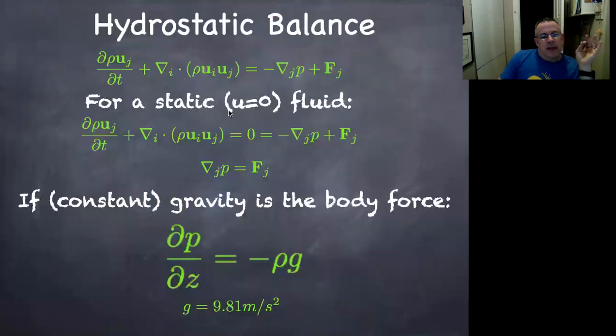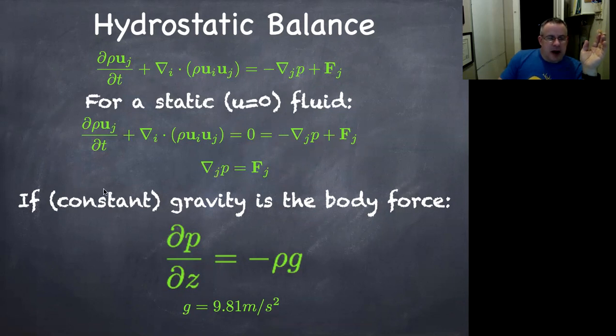Okay. So the hydrostatic balance is the balance in this momentum equation for a static fluid. That means that all the u's go away. The water's not moving. So this one's gone, this one's gone. So we just have this balance between the body forces and the pressure gradient. That's a static balance.